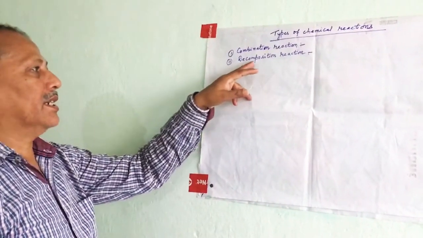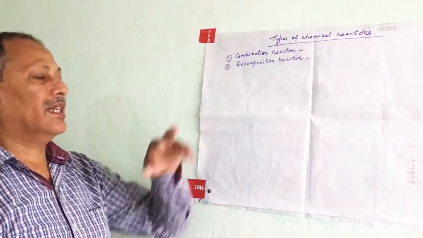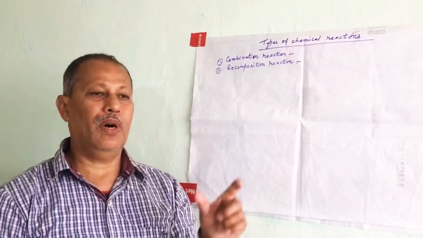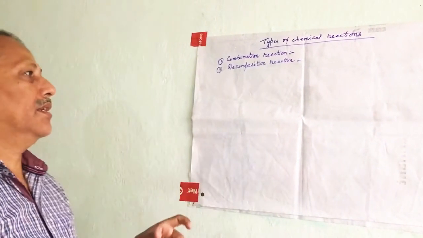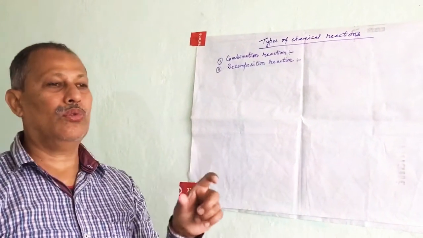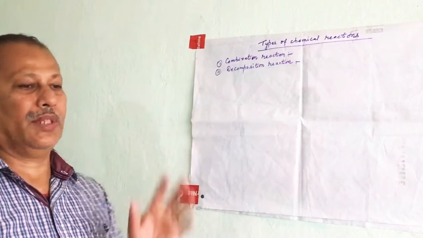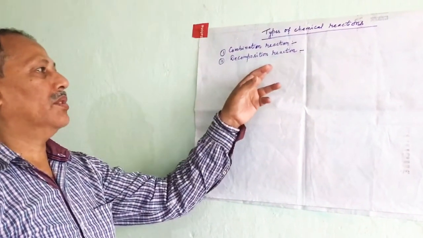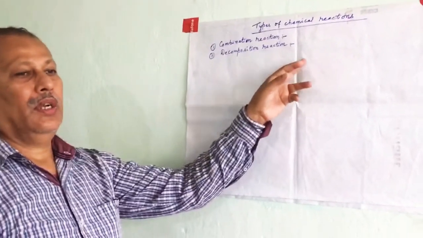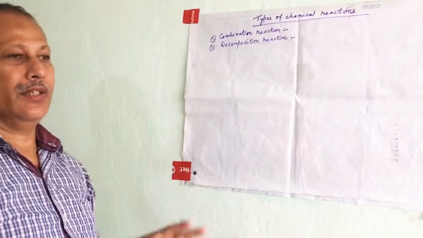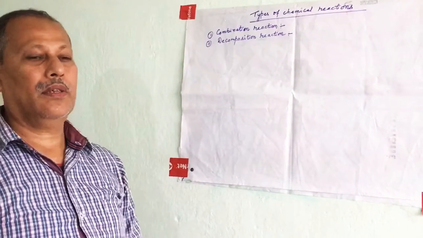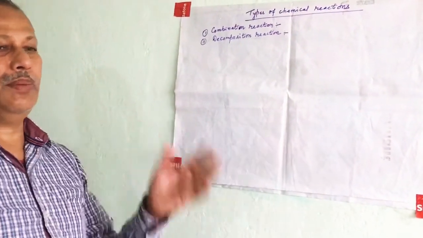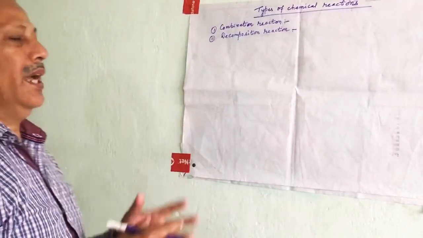A decomposition reaction indicates that one big molecule, one big compound, one big substance is decomposed into two or more smaller substances. So one big compound is decomposed under certain conditions. Those conditions depend upon temperature, electricity, or light.